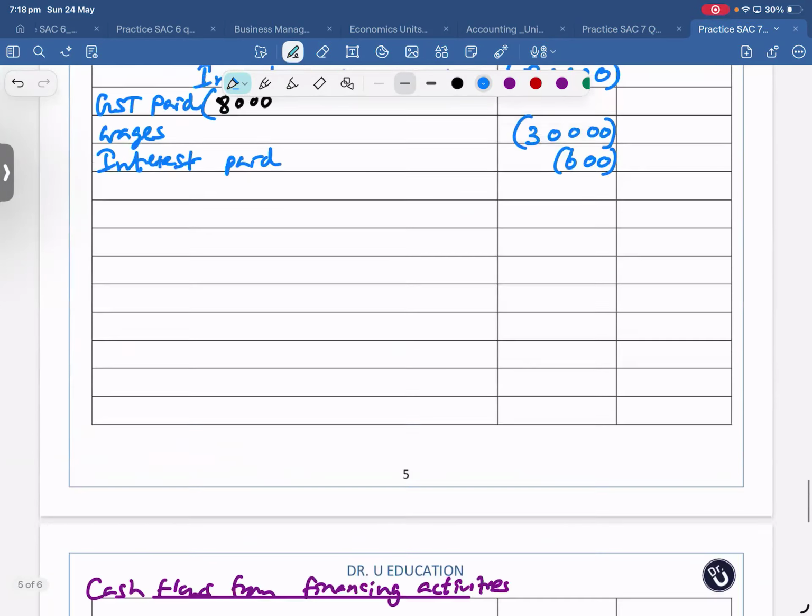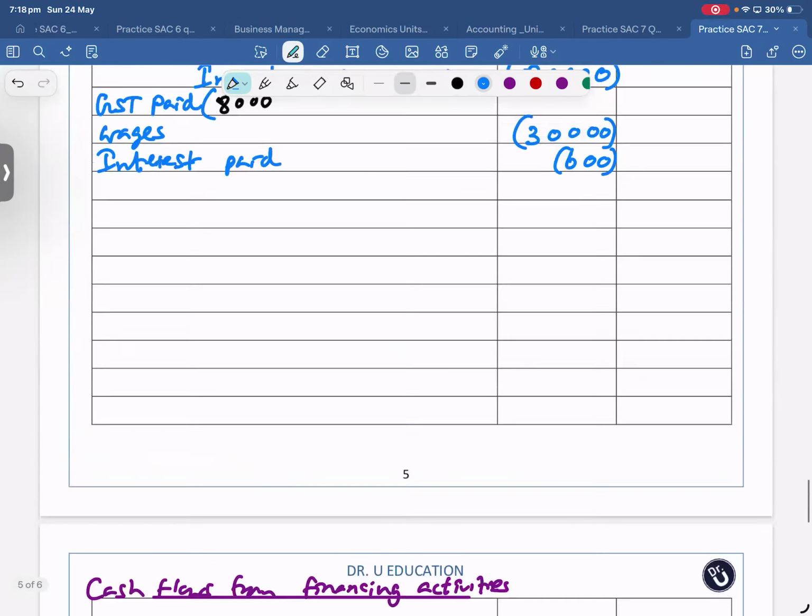So current assets. Loan repayment is the current asset. Who told you? Look at the current assets. Where is the loan repayment in the current assets? Oh, current liability. Okay. Too easy. Yeah, that's fine.